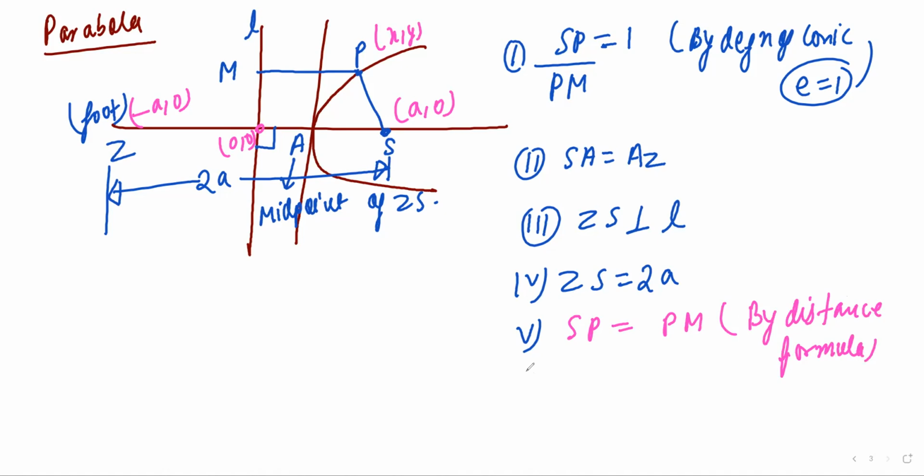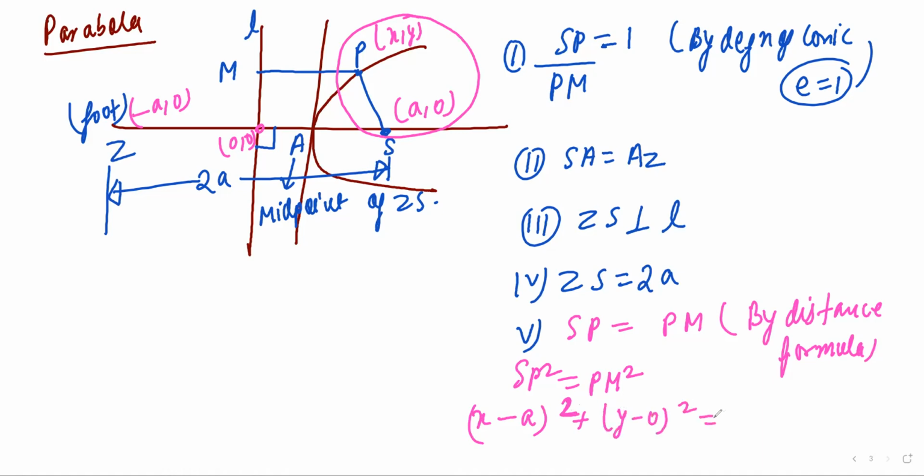So squaring both sides, you will get SP square equal to PM square. So what will be the distance between these two? It will be x minus a whole square plus y minus 0 square, is equal to PM square. The PM coordinate is minus a comma y, right?